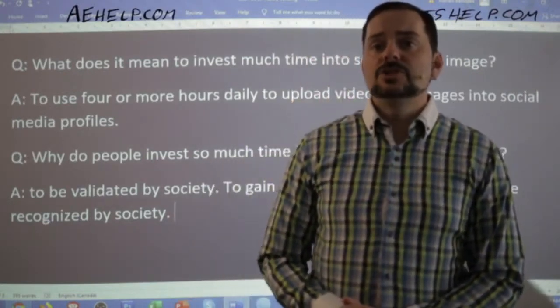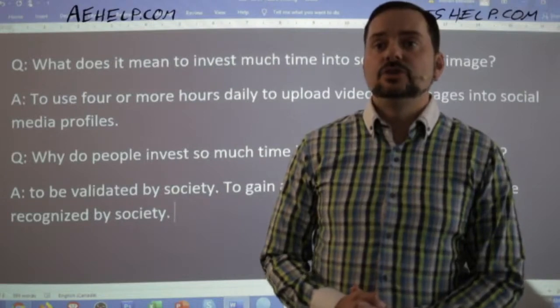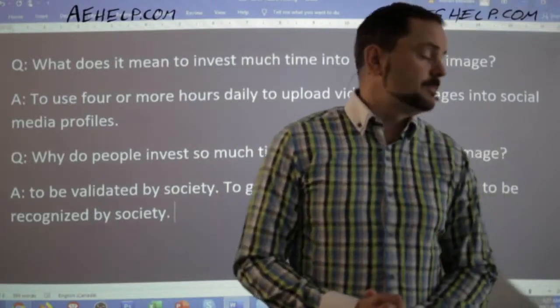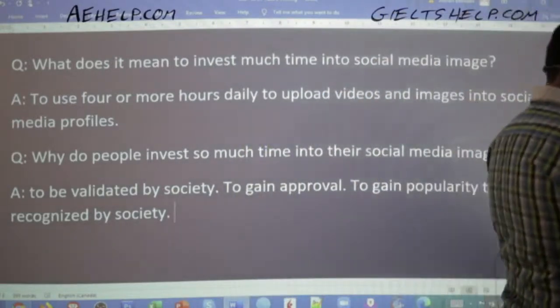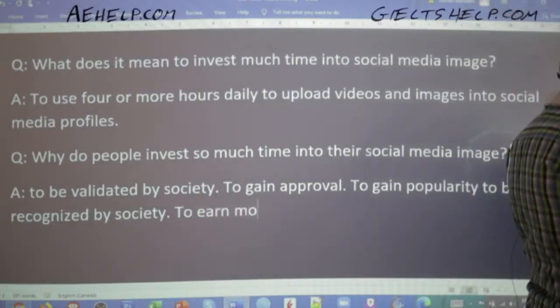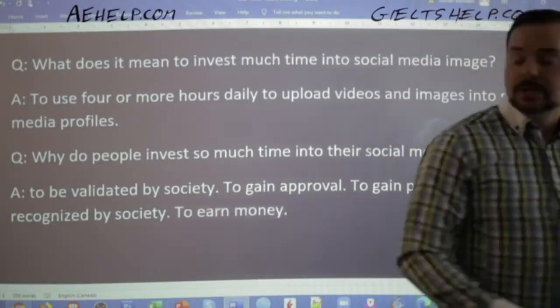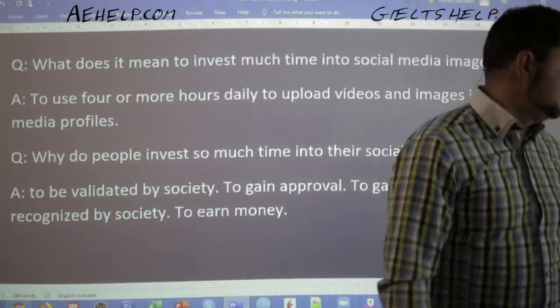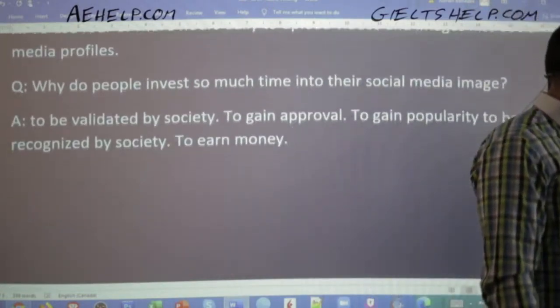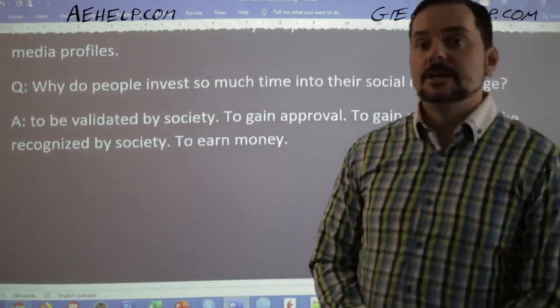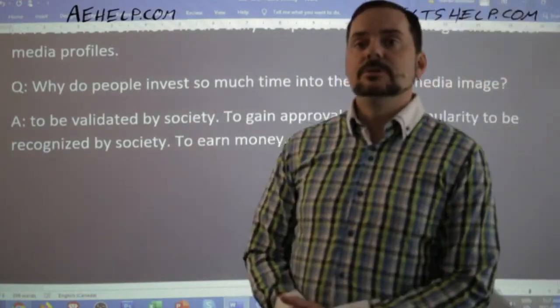Okay, Gunjan says to get paid due to some small business. Okay. Let's make it simpler. To earn money. Yeah, some people will actually earn money through their social media presence. Absolutely. Okay.